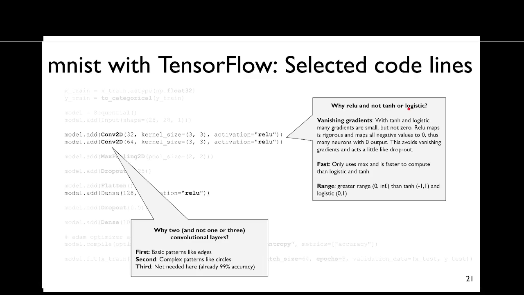And the positive values get mapped to identity. That means the range of ReLU is from 0 to infinity, whereas for tangents and logistic it's a much smaller range. ReLU is also much easier to compute than logistic and tangents H, and since we're using it so frequently, that really makes a difference, because ReLU is just the maximum out of 0 and the output of the neuron.